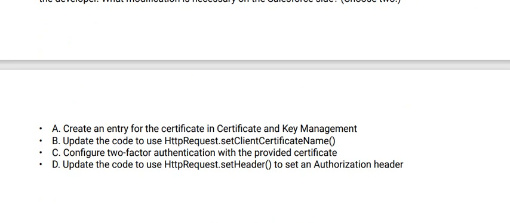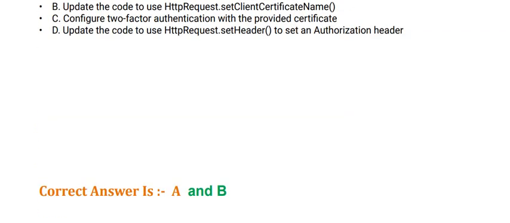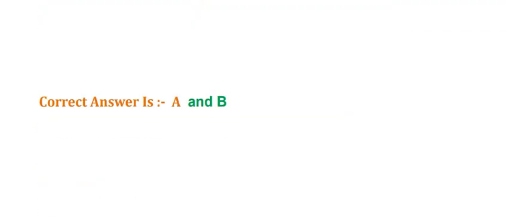Option B: Update the code to use HttpRequest setClientCertificateName. Option C: Configure two-factor authentication with the provided certificate. And option D: Update the code to use HttpRequest setHeader to set an authorization header. The correct answer is option A and B.